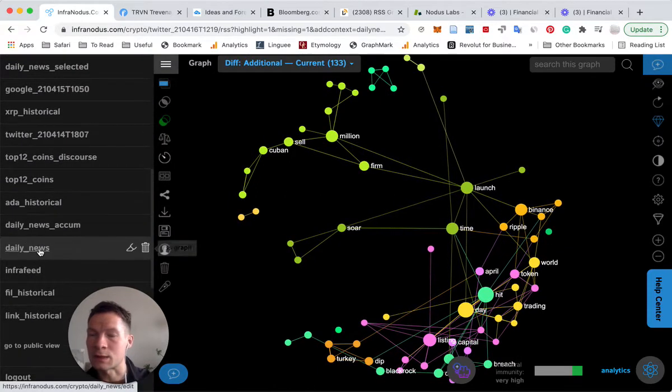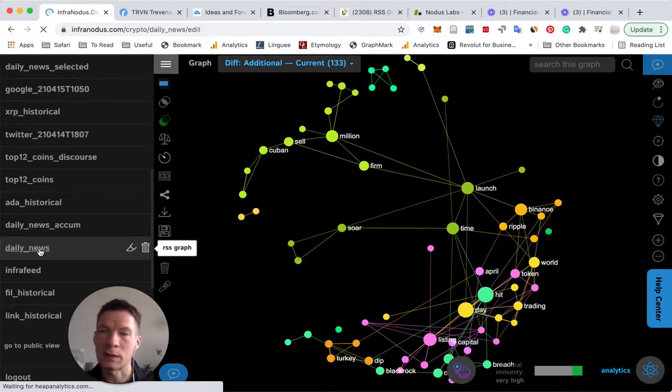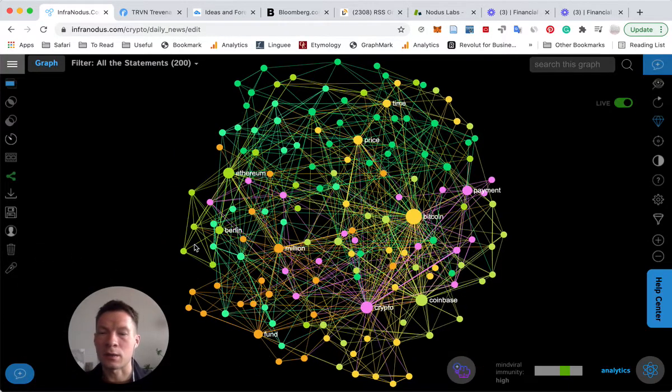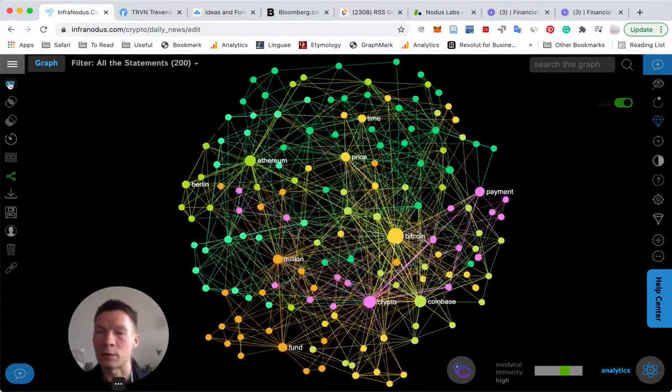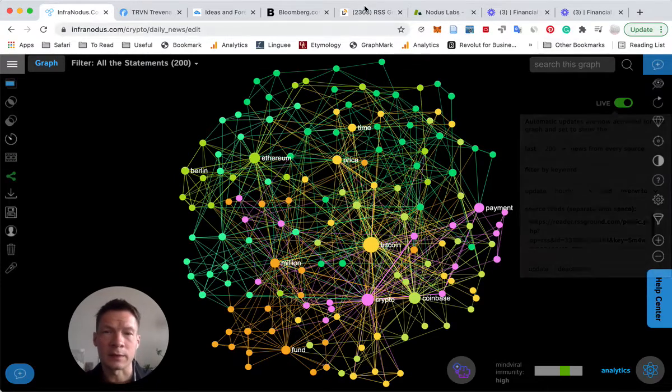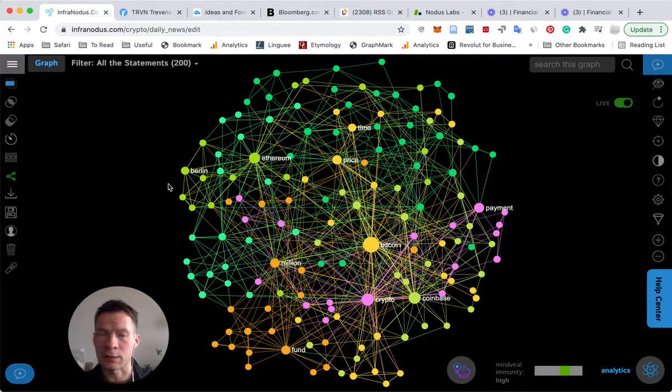For instance, the daily news one here, which is showing the daily news on crypto at the moment, using the RSS feed that I created manually using RSS Ground. So I just combined some of the top news resources on crypto here.